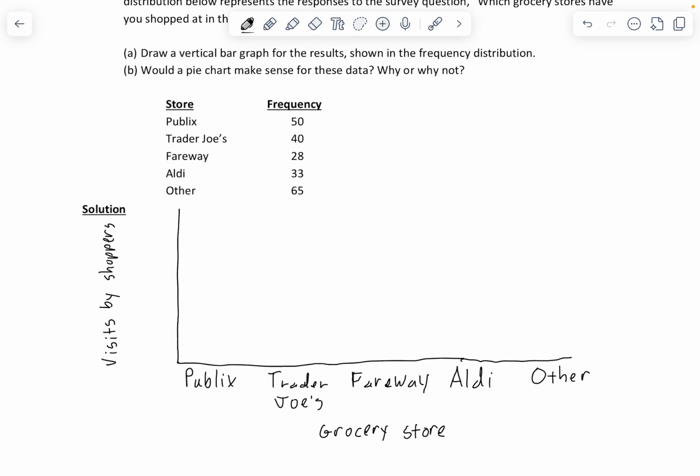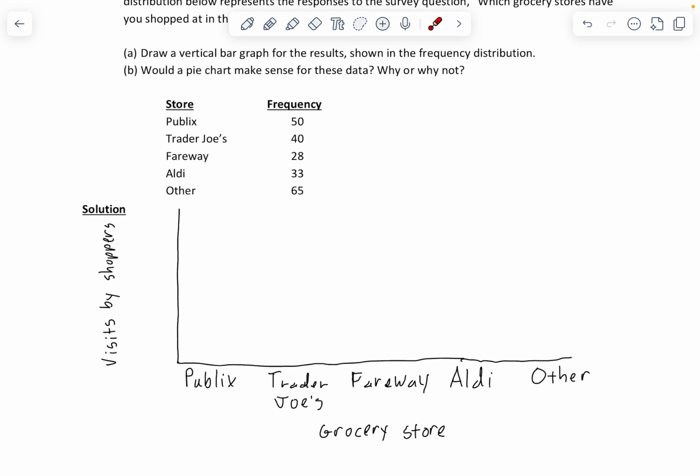What I need to do is put a numerical scale on here, and you need to choose how to scale this. What I do know is that my scale has to go up to at least as high as the largest value in this frequency column, which is 65, and maybe a little bit higher might be good as well.